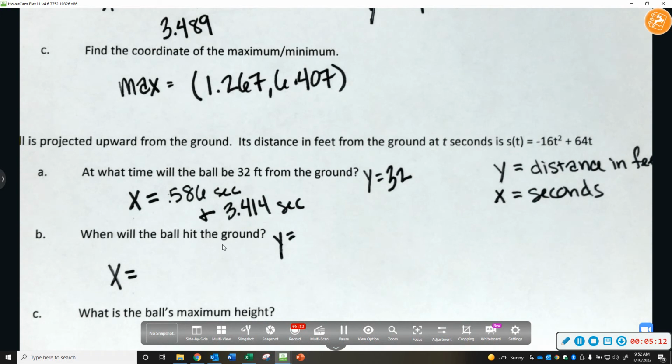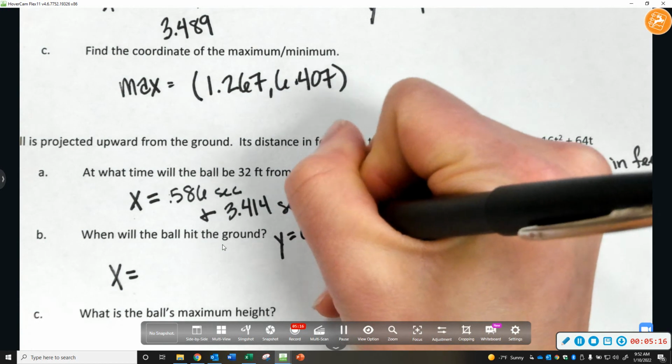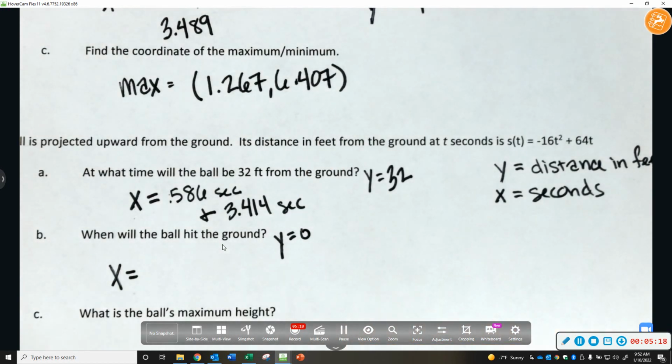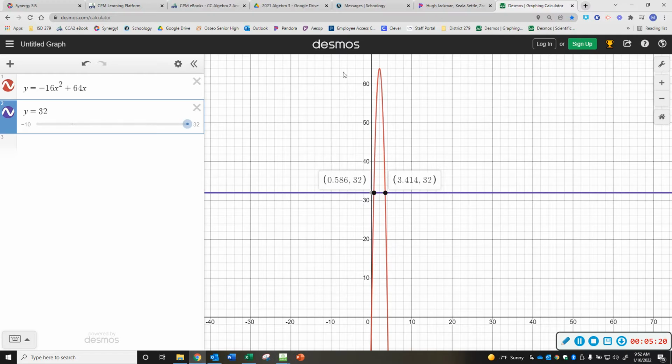When the ball hits the ground, my distance, my height, would be 0. Well, 0, 0, that's when the ball is projected upwards. So what they're asking is at 4 seconds. So at 4 seconds, the ball will hit the ground.